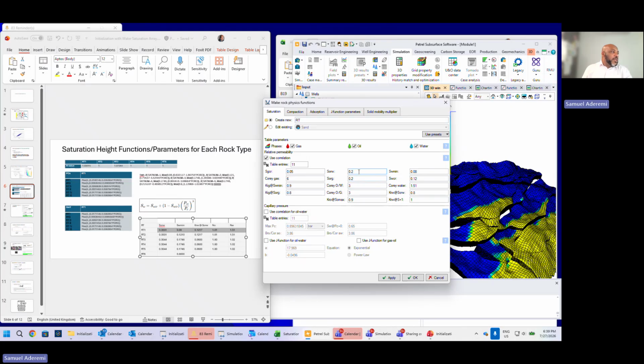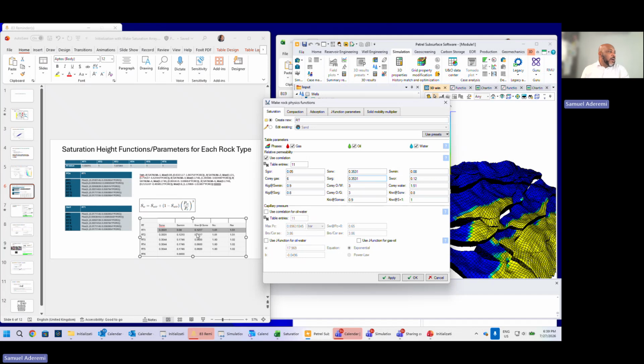So some of the endpoints that you have here are very important, and this is already given to be 0.3531. So 0.3531 when you have it, and maybe this is to water and to gas, for instance.